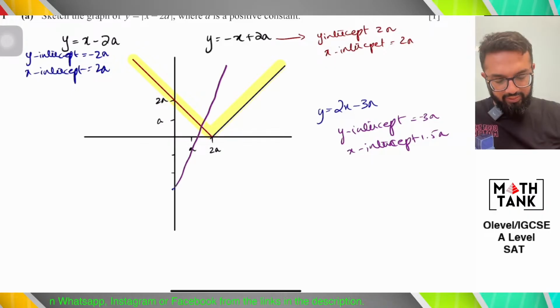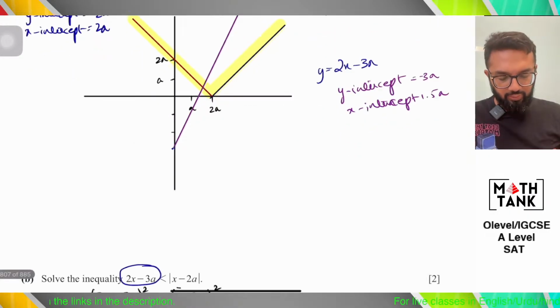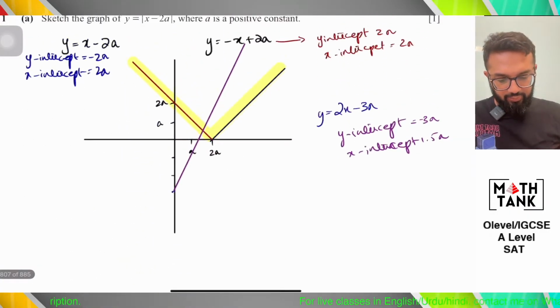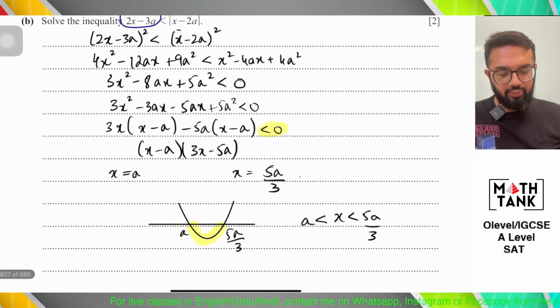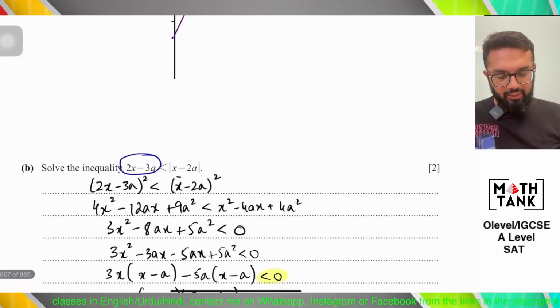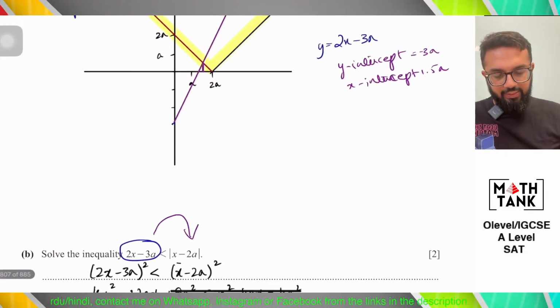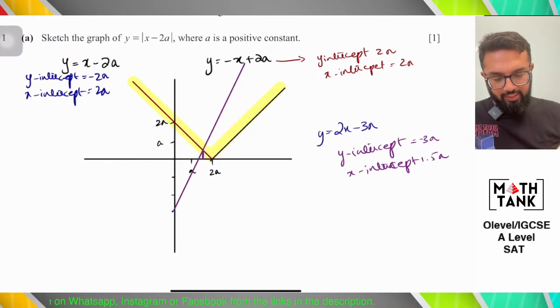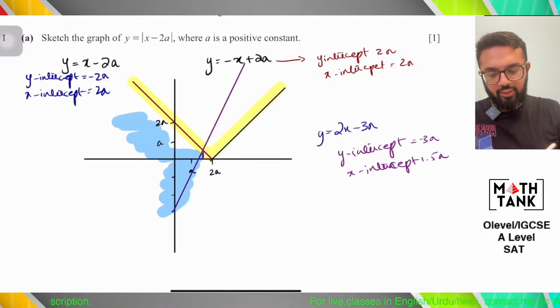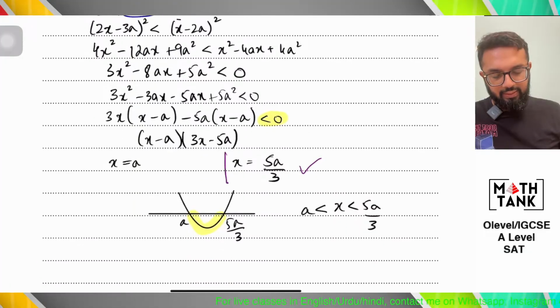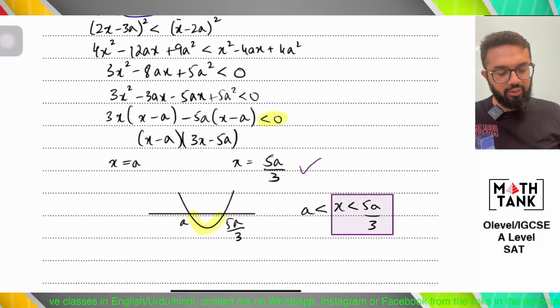So this line would look something like this. It has a higher slope and this coordinate is going to be 5a over 3. I can solve that simultaneously and also find that out. Then I see when the line is less than the curve. The line is less than the curve only in this region. What is this region? This is x less than 5a over 3. That should be the answer.